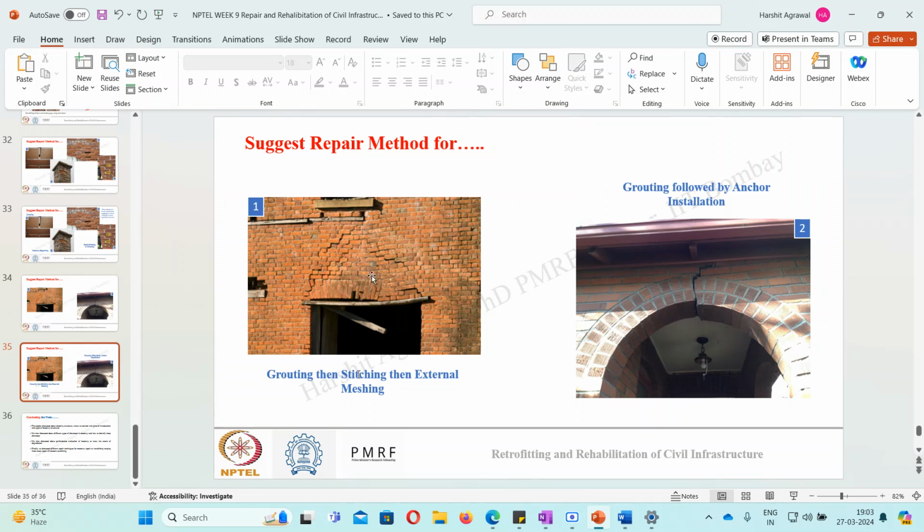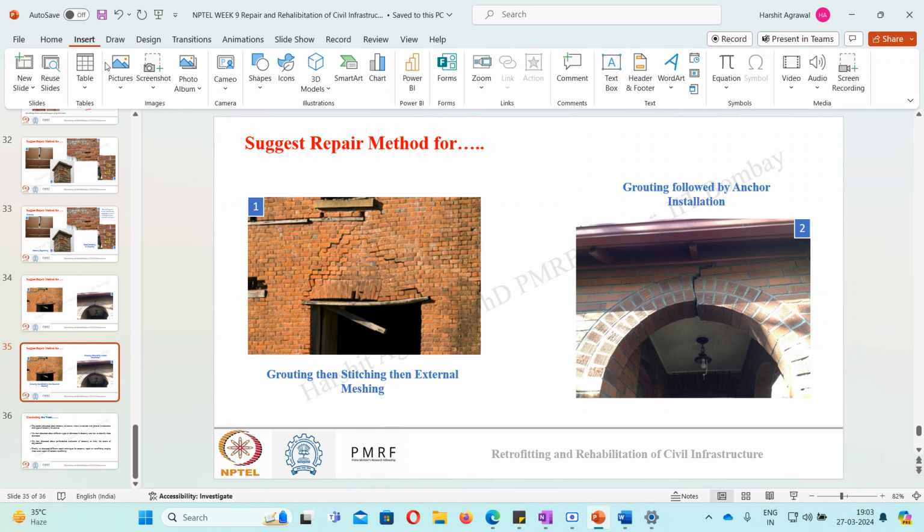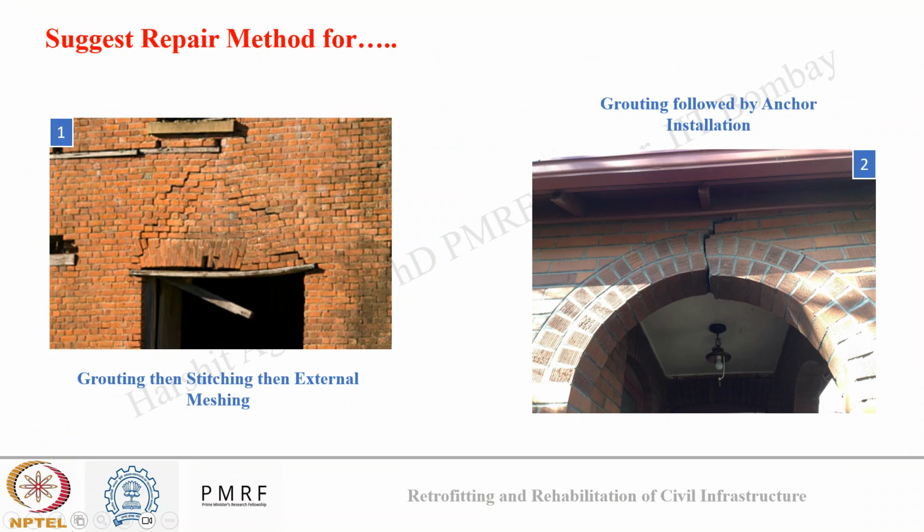So you can go for three kinds of repair in this case. One is providing an external support to this beam so that it can carry the load, either by reducing the span length or by providing horizontal external reinforcement to this beam.